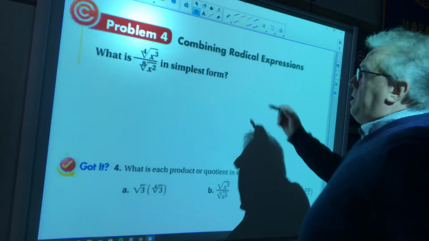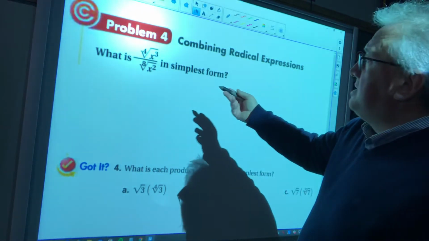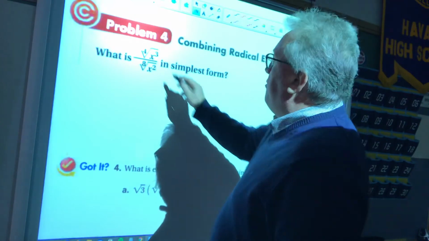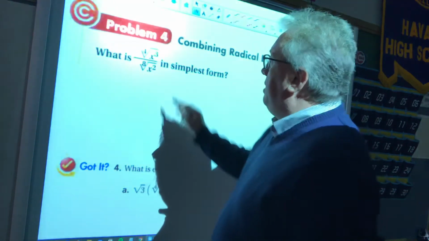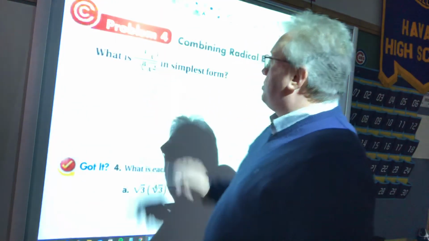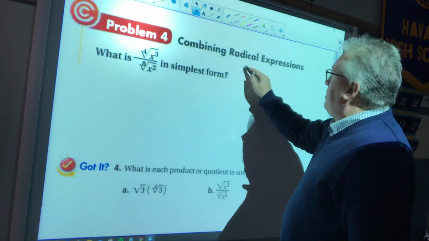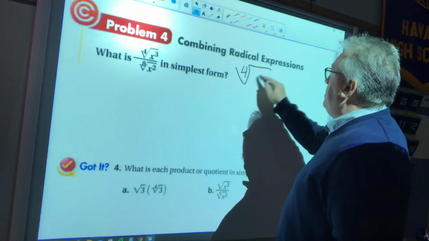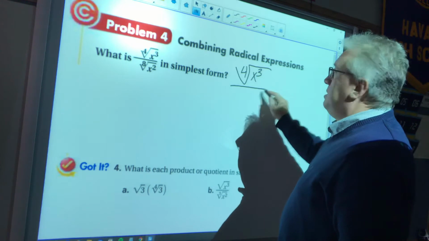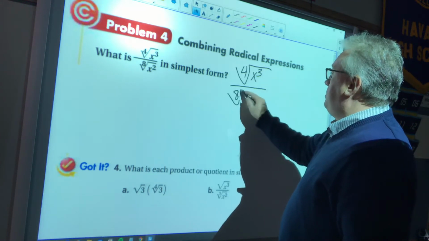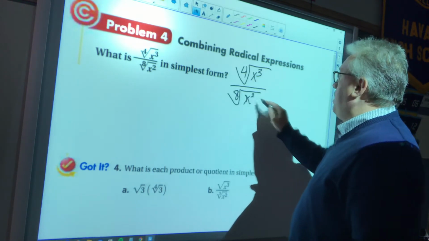So here we have the fourth root of x cubed divided by the eighth root of x squared.